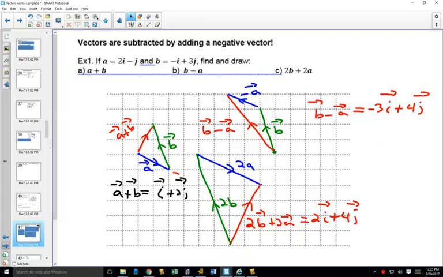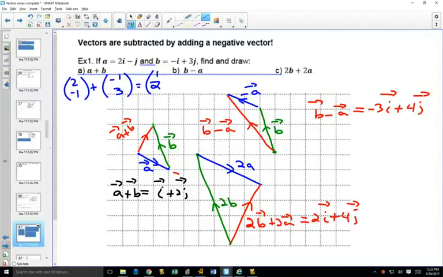And the drawing of the picture is really helpful in just seeing what's happening. But as far as doing the math, eventually you're just going to say, well, I know that A is 2, negative 1, and B is negative 1, 3. If I want to add those together, I'm going to get 1, 2, and that's a lot easier than actually having to draw things out.